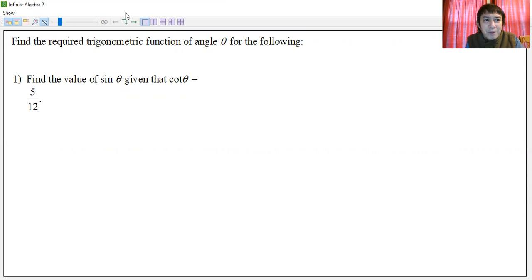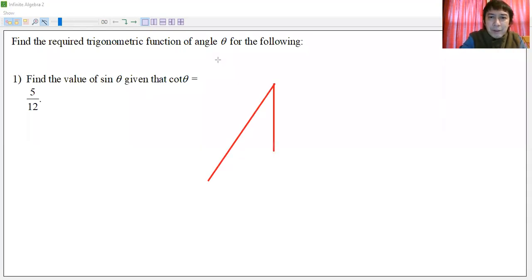This is number 1. Find the value of sine theta given that cotangent theta is equal to 5/12. Okay, I think we can solve this using just a simple right triangle. So let us draw a right triangle.